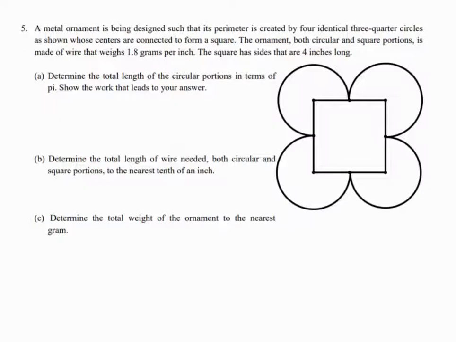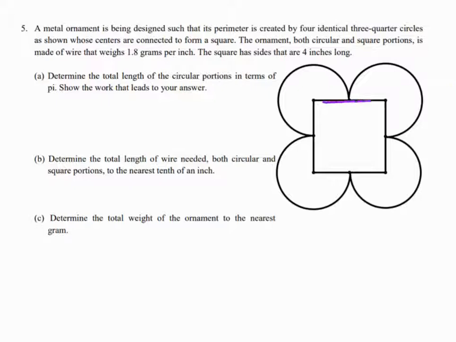All right, number 5. A metal ornament is being designed such that its perimeter is created by 4 identical 3/4 circles as shown, whose centers are connected to form a square. The ornament, both circular and square portions, is made of wire that weighs 1.8 grams per inch. The square has sides that are 4 inches long. Determine the total length of the circular portions in terms of pi. Show the work that leads to your answer.